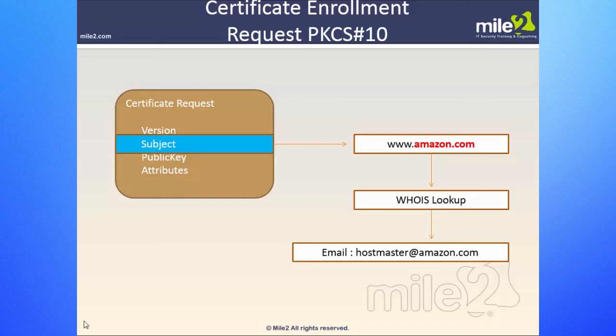Again, we've mentioned the subject name, a copy of the public key, a challenge password, which could be optional, any certificate extension requests, such as key usage, extended key usage, subject alternate name, user principal name, and also a fingerprint of the request. You could check out a sample of PKCS number 10 and what the format actually looks like.